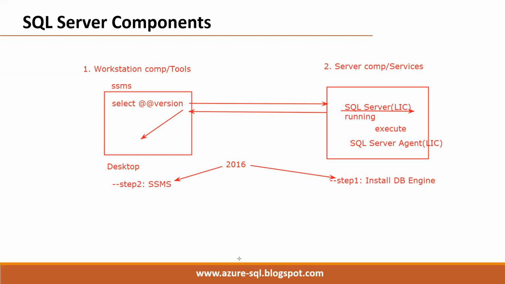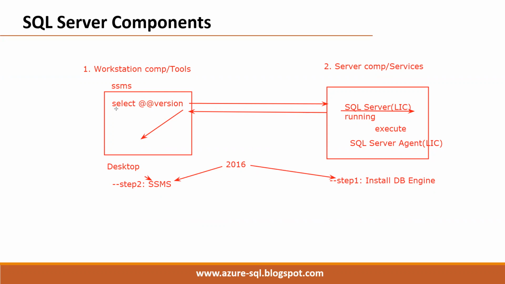Yeah, basically remember, our database server or database engine, every DBMS, is not only SQL Server. So basically it has two types of components. One is through which we'll connect and work, for example SSMS here. And the second one is what?